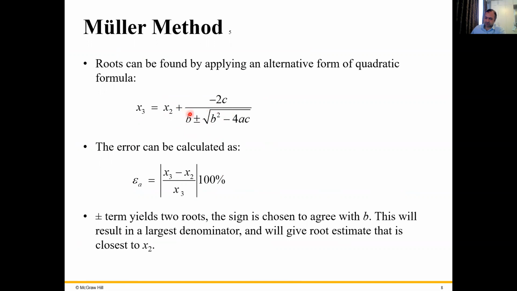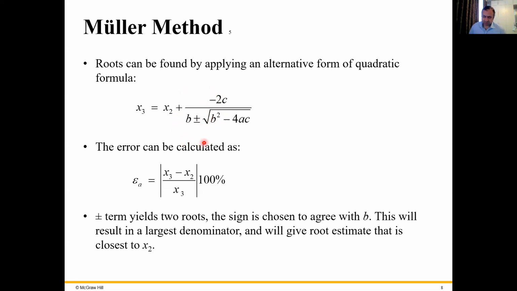We want the denominator to be bigger, so that our approximated value should be closer to this x2. That will give us more accurate and more converging results.